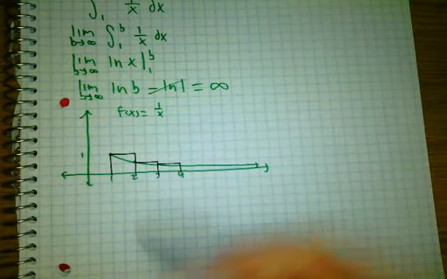Isn't the area then approximately 1 plus 1/2 plus 1/3 plus 1/4 plus 1/5, and so on? That looks like a sequence that I can turn into a series. So could I say then that the area is approximately the series starting at 1 and going to infinity of what?